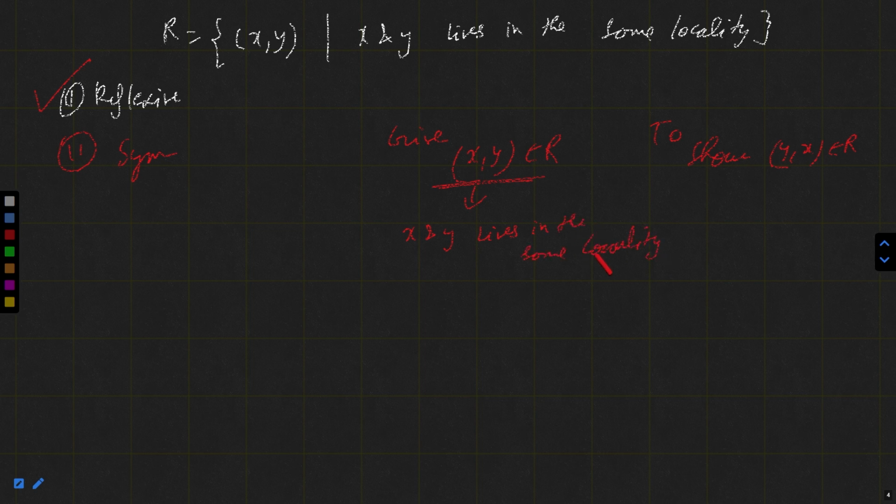This means I can also say that Y and X live in the same locality, because this is the locality in which X and Y both live. I can rephrase my words with the same effect: Y and X also live in the same locality. This means (Y, X) belongs to R, so it is also symmetric.